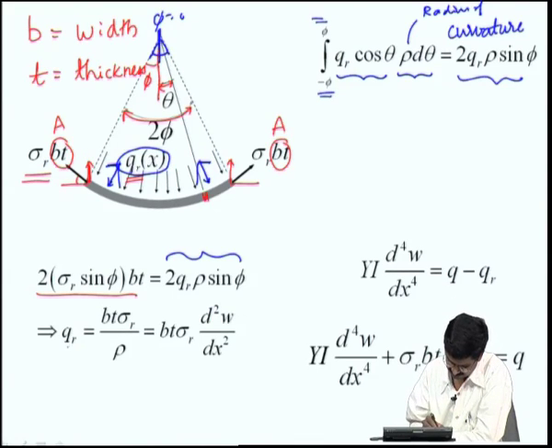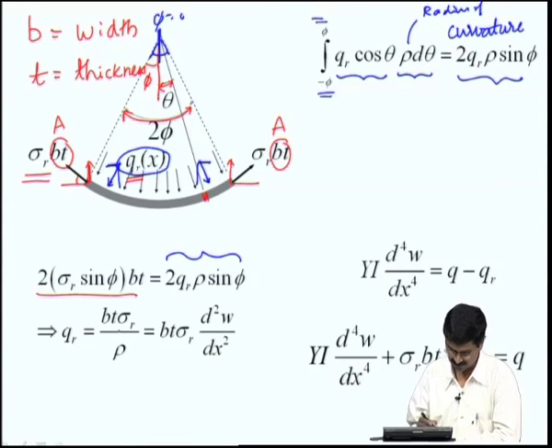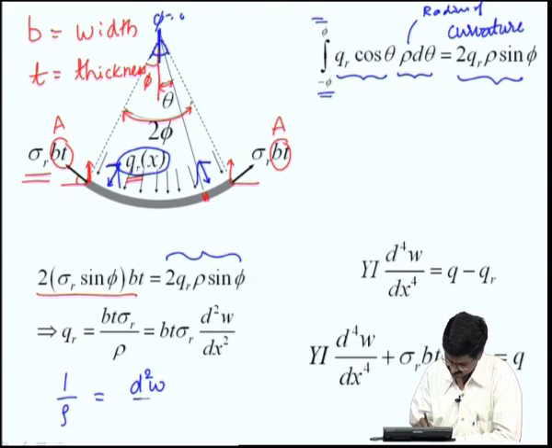When you do that, then you get QR equal to sin phi gets cancelled, we have Bt sigma r by rho, that is over here, then we get QR equal to Bt sigma r, and then for rho that we have here, we substituted d square w by dx square, because that is the approximation to 1 by rho from geometry. So, this is the curvature. So, curvature 1 by rho is equal to d square w by dx square is what we have used. Rho is radius of curvature, 1 by rho is curvature.